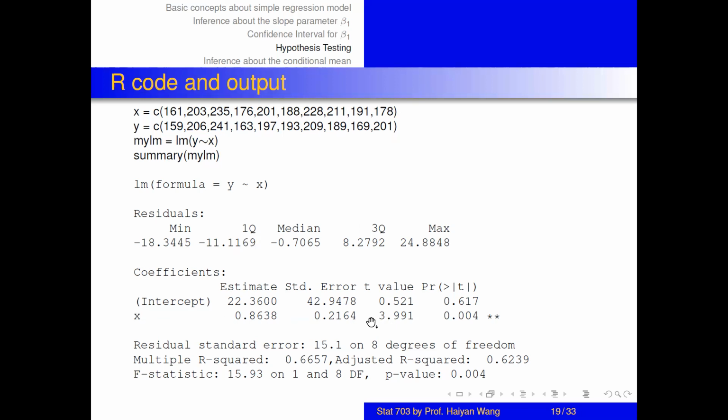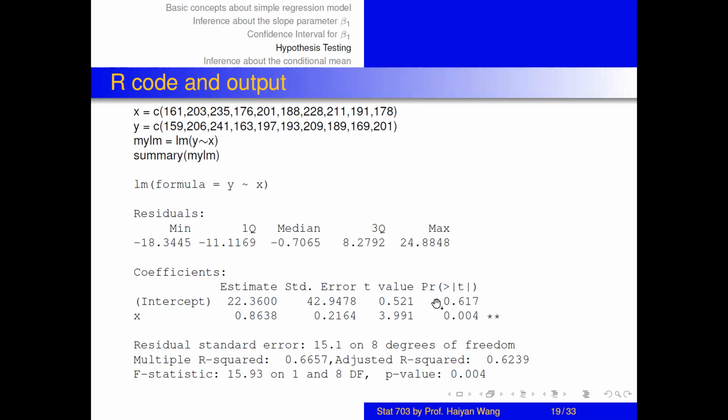The beta 1, I'm sorry, in this case is beta 1 hat minus 0, because the t value here is testing the hypothesis that beta 1 is 0. So it's the model utility test. Then the next column gives the p-value, the probability of greater than 3.991, and then multiply by 2 because it's a two-sided test.